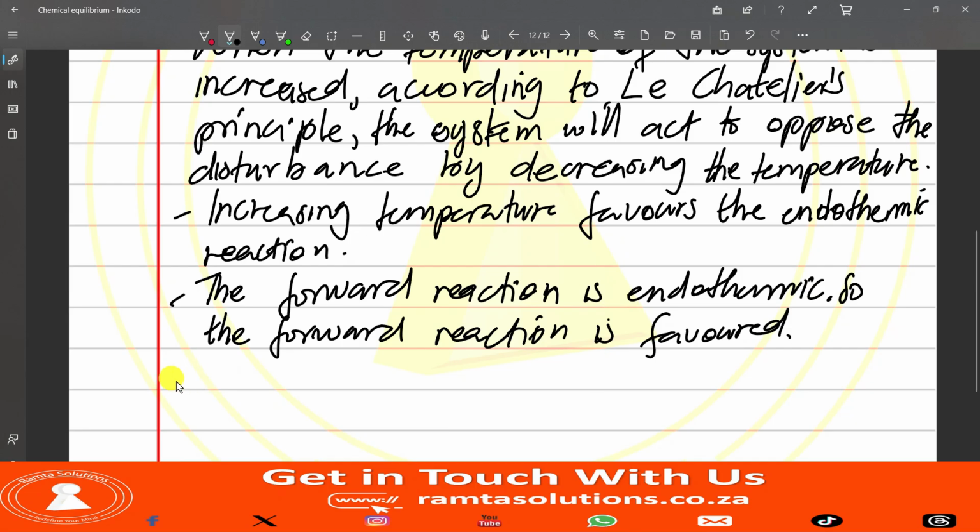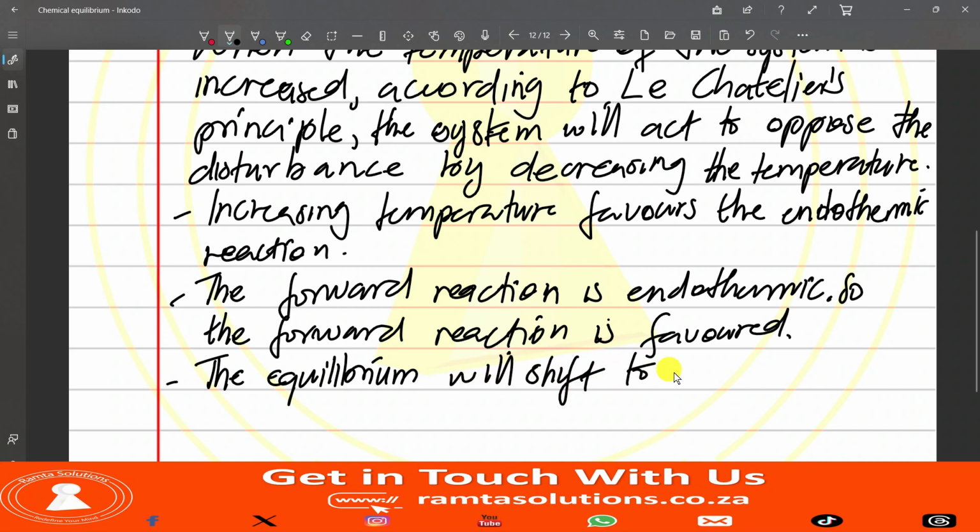Good. Now, what does it mean about the equilibrium position? The equilibrium will shift to the right in this particular question or this example. Now, what happens when equilibrium shifts to the right?